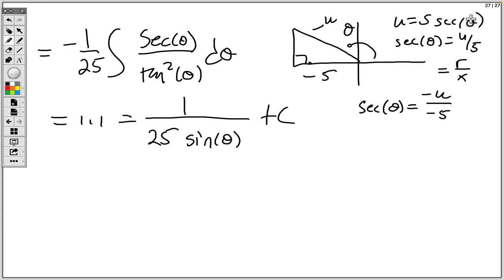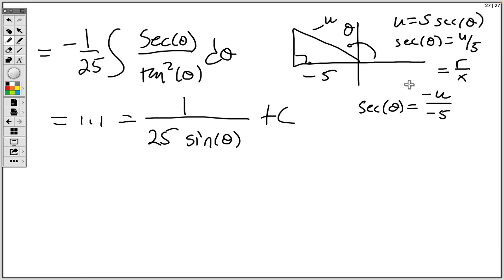If we're in quadrant 2, secant is negative, so the u itself would be negative, so the opposite of u would be positive. So either you can think of putting the minus u here to make sure the radius is always positive, or we know the secant is this ratio, and for this ratio to work, we've got negative and negative. Okay.